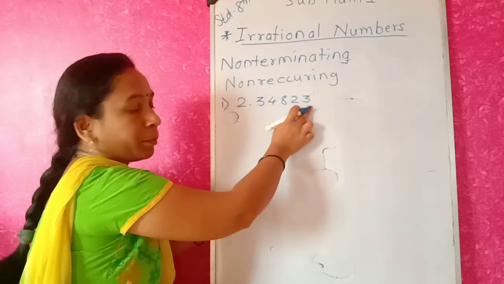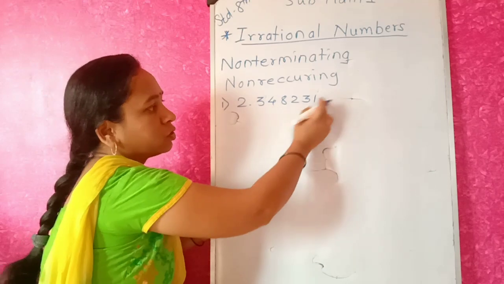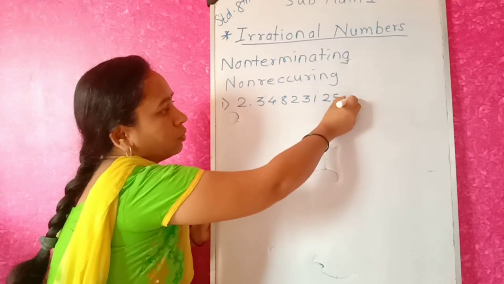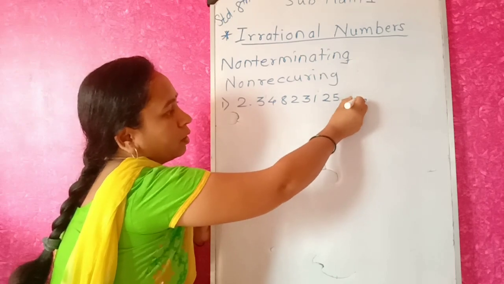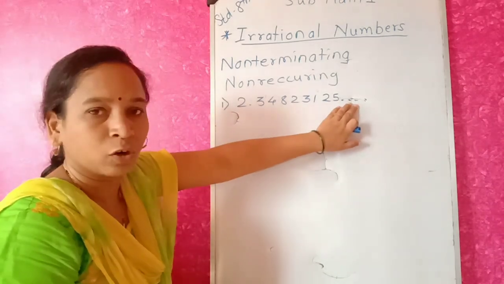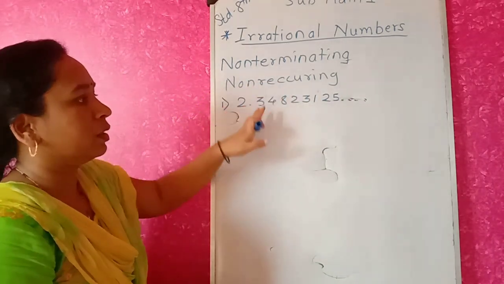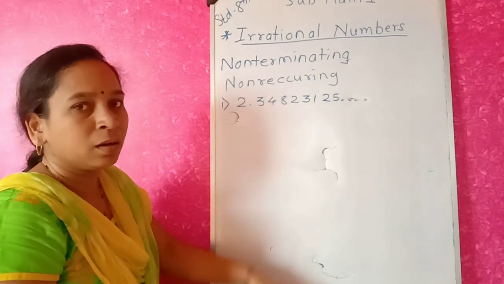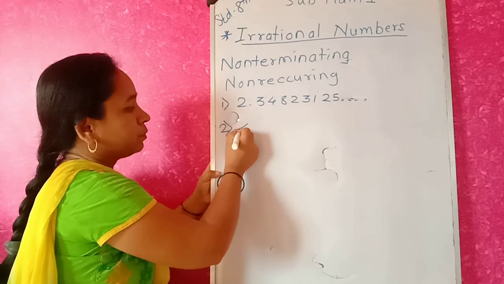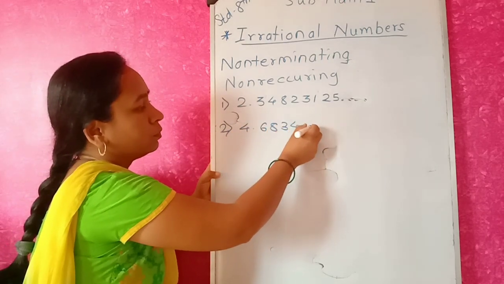For example, 2.3482. I have repeated 3 here, but the pattern after 3, 4 is not given. Then 1, 2, 5. So they are repeated but not in a proper pattern. The dots show that these are non-terminating and non-recurring. These digits are not repeating, that means non-recurring. A few more examples: 3, 4.